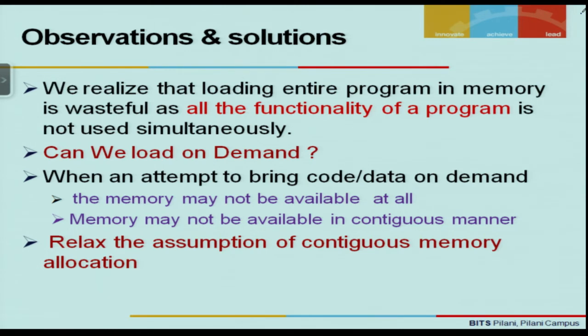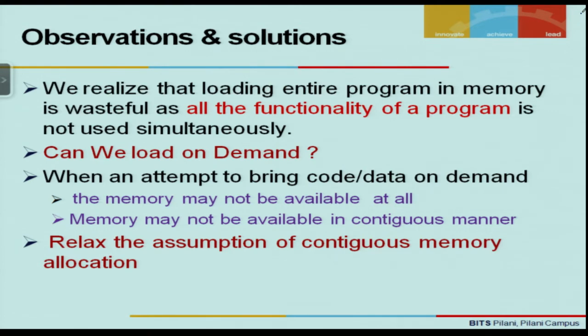So probably the process would need to wait, and the process would remain in the new state, and once the memory becomes available, then memory will get allocated and it will move from the new state to the ready state. The second thing that can also occur is that, because of internal and external fragmentation, we may find that memory may not be available in a contiguous manner.